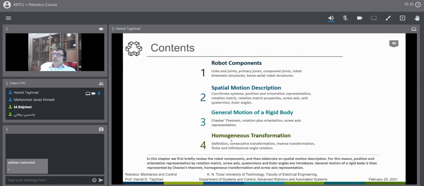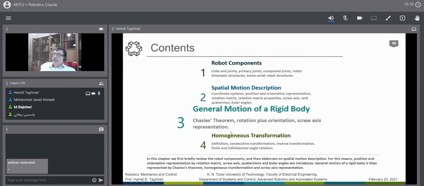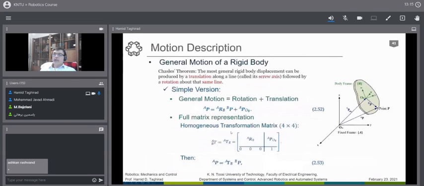As we talked about last session, a general motion of a rigid body is composed of a translation plus a rotation. And Chasles' theorem, which goes back to the 18th century, states that the most general rigid body displacement can be produced by a translation along a line, which we call the screw line.